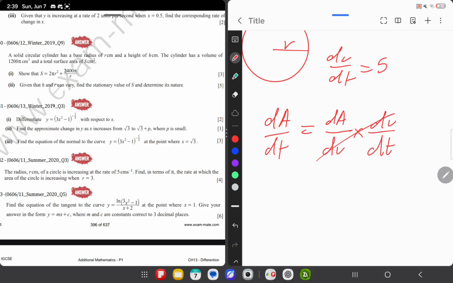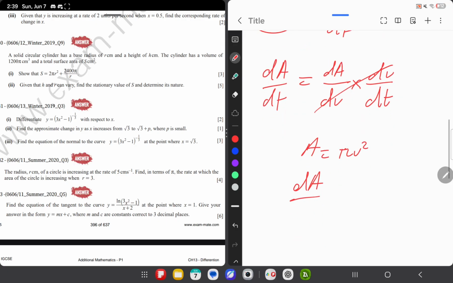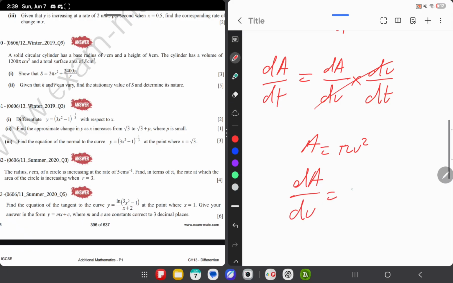This needs to be a value. You cannot leave this as a fraction. We know A is equal to pi r squared, so dA over dr is equal to 2 pi r. See something? This is the perimeter formula.